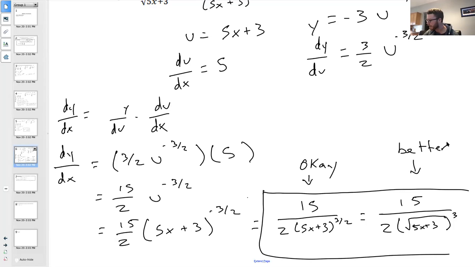Because the negative 3 over 2 exponent belongs to that u, or to the 5x plus 3. So when we fix that so it has a positive exponent, that will come along with it into the denominator. Oh, okay. Sweet. Yeah, really good question.